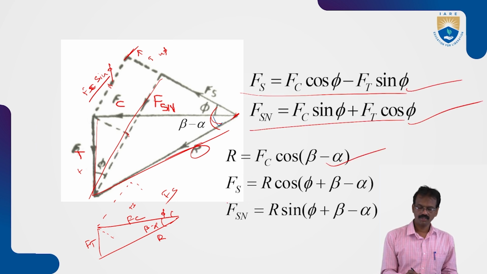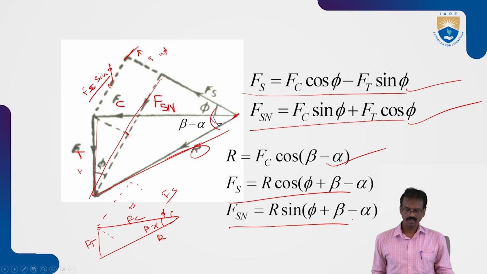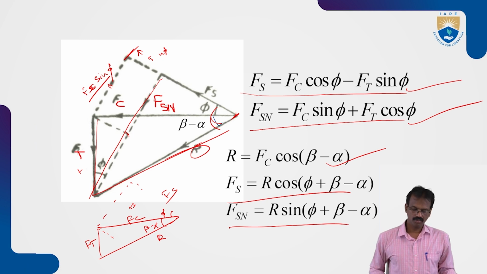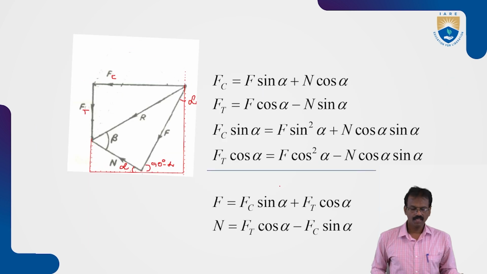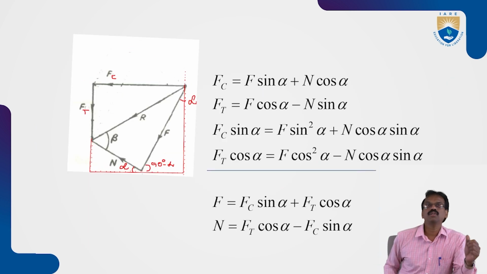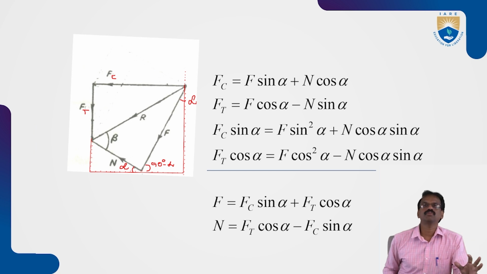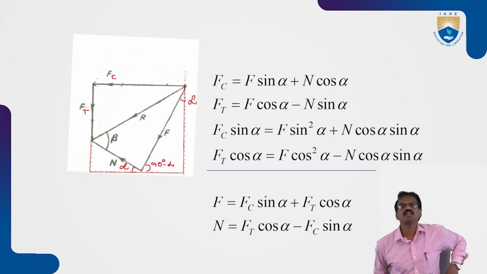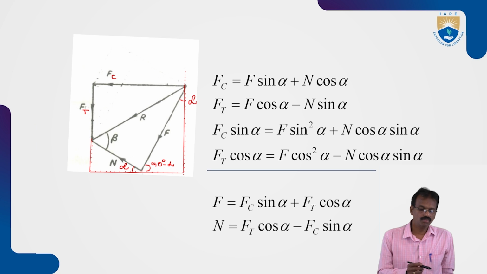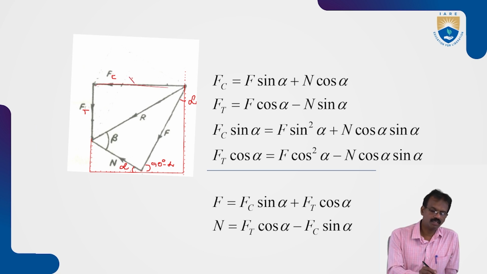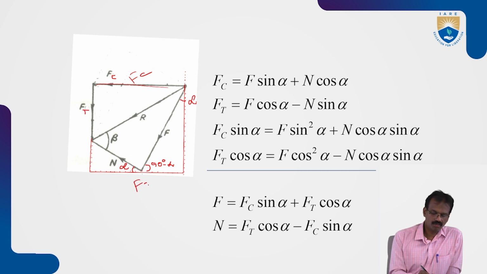So these are the formulas for Fsn by using the resultant and angles. Next, by using the remaining two triangles, the triangle of friction, you can find out the frictional forces or cutting forces also. This horizontal line is the Fc. If you extend the lines like this, this Fc is equal to this Fc.